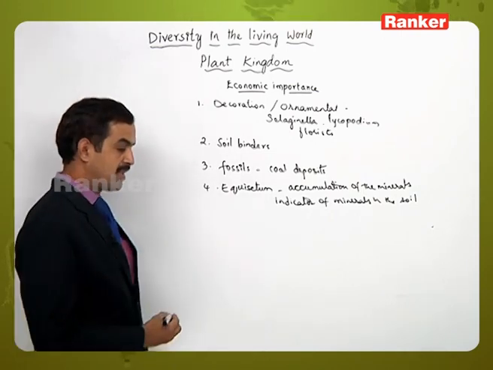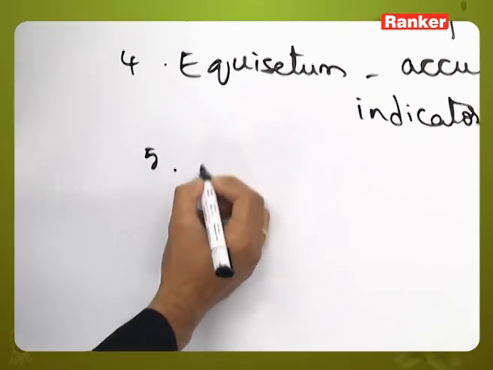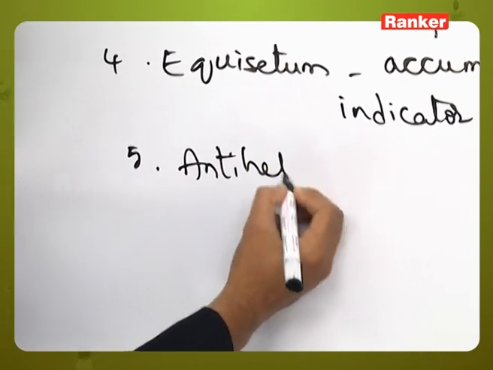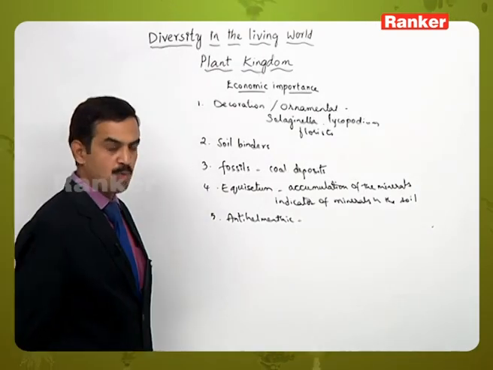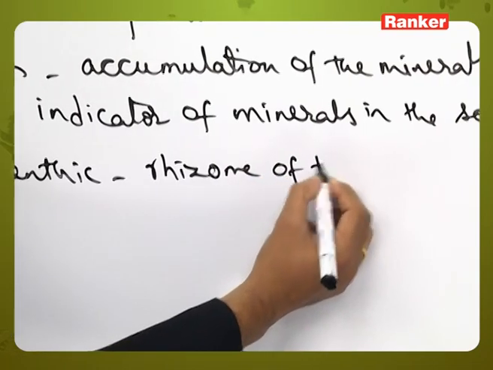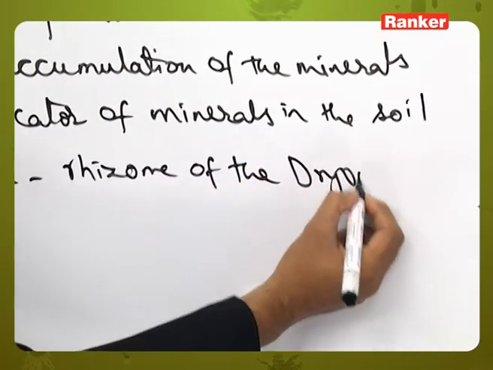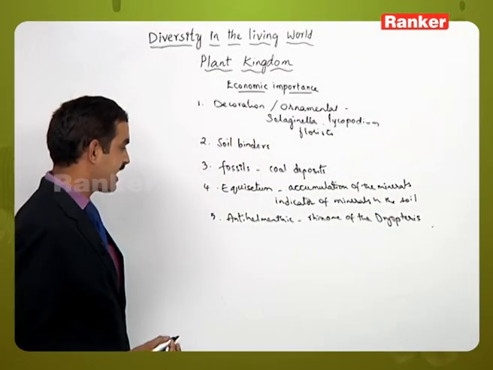And some of them are used for anti-helminthic purpose. That is, the rhizome of the Dryopteris species is used as an anti-helminthic one.